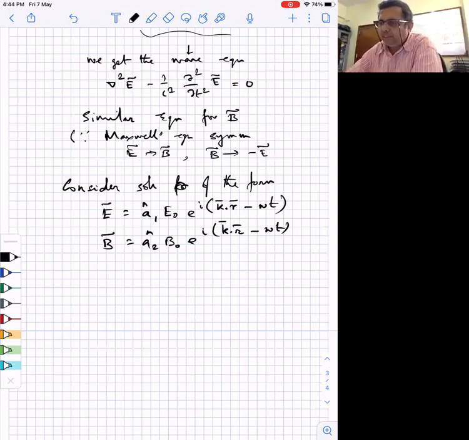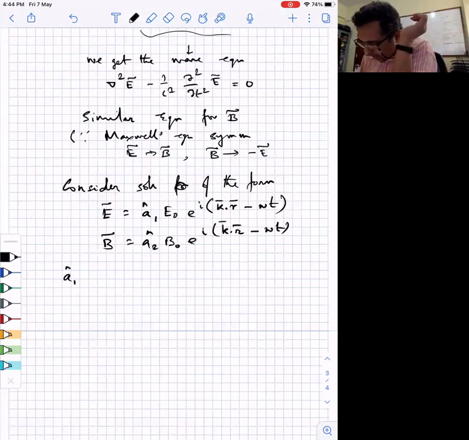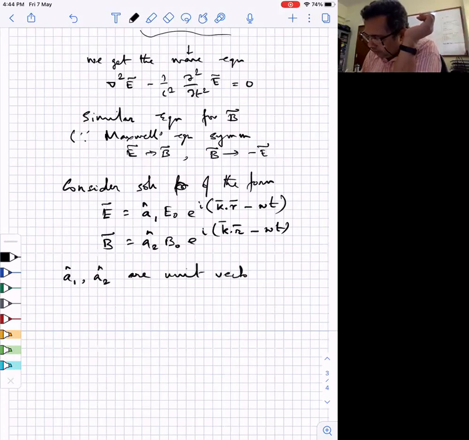Now over here, this A1 cap and A2 cap are unit vectors. Okay, E0, B0 are complex numbers, complex also but constant.